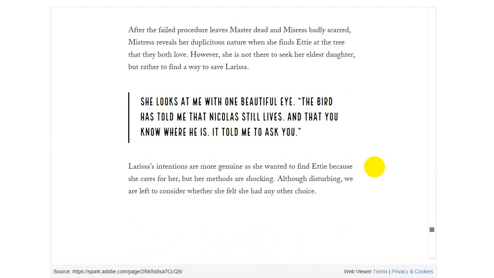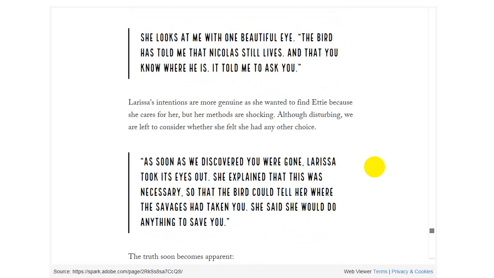She only cares about Larissa. She wants Etty to tell her where Nicholas is, because if she can produce Nicholas, then they will save her daughter Larissa. But Etty decides that she's not going to help anyone except herself.